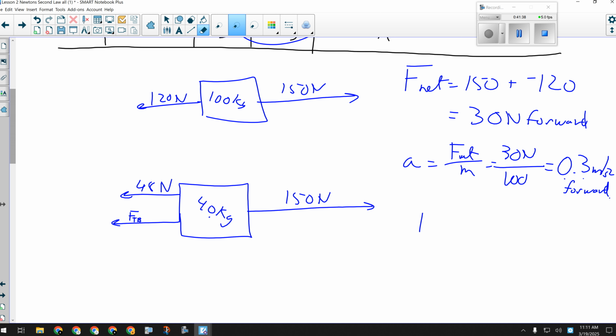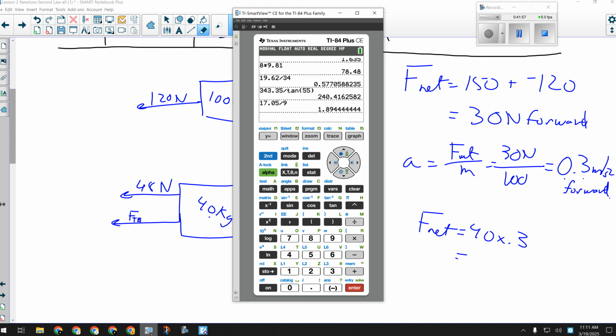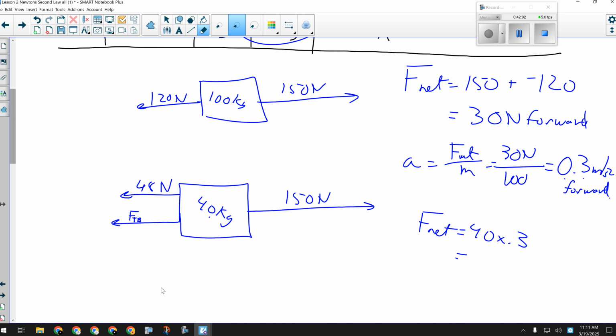The net force. Should I always try to find that? I mean, how many times have I said you always have to do these two steps? If I can, it's always something I'm going to try and find. 40 kilograms times 0.3 meters per second squared. So the net force on the 40 kilogram box, I'm just going to write F net 40, is 12 newtons forward.